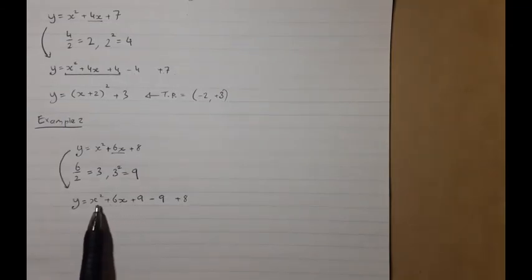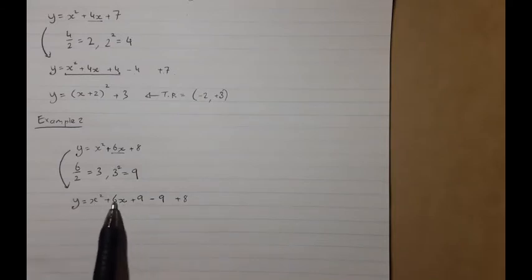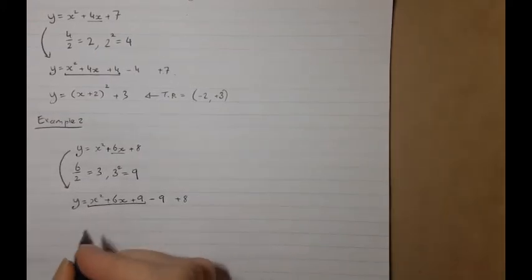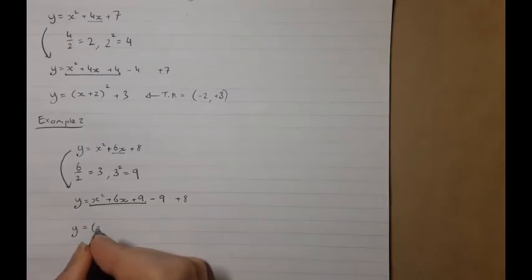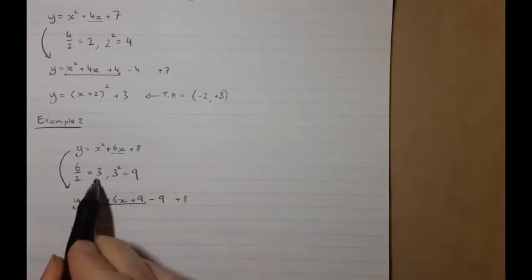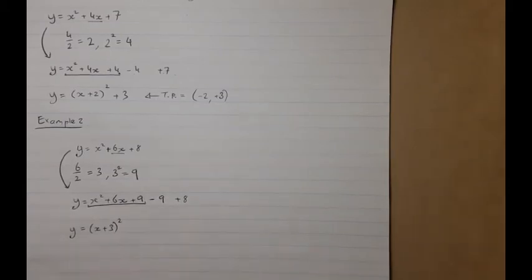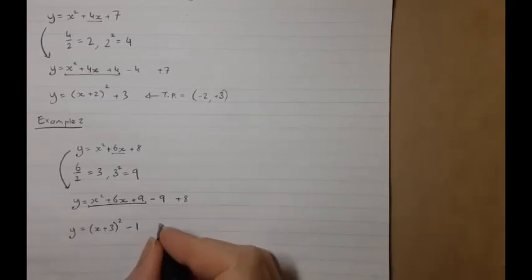Well, the reason I do it is because I want these first three terms to be able to be factorized really easily. And they factorize really easily into x plus 3 squared. And then I've got minus 9 plus 8 on the end. That becomes minus 1. Now, at this point, I can again find my turning point.